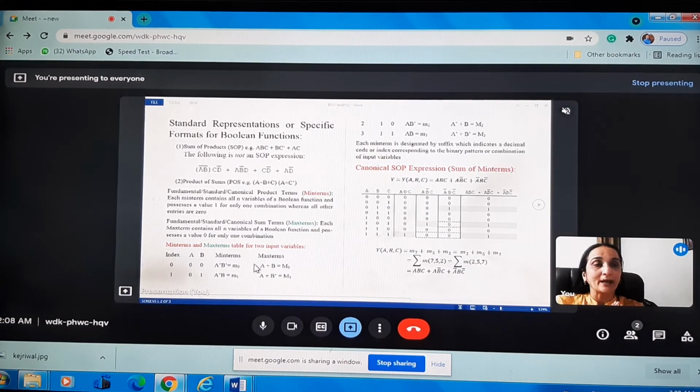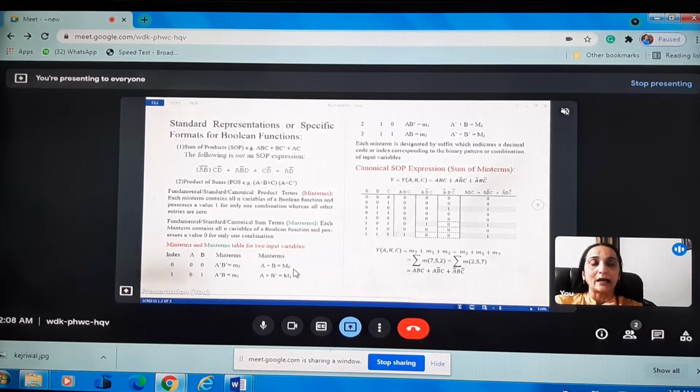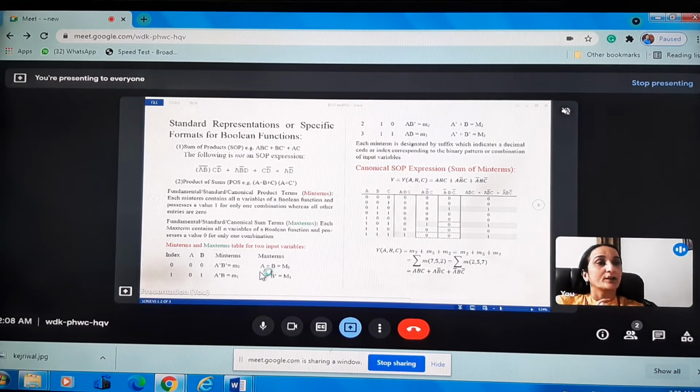Similarly, max terms are the sum terms. Now we know that in an OR gate, the output is 0 only when all the inputs are 0. So M0 is equal to A plus B. This max term will be equal to 0 when all its inputs are 0, that is A is 0, B is 0.